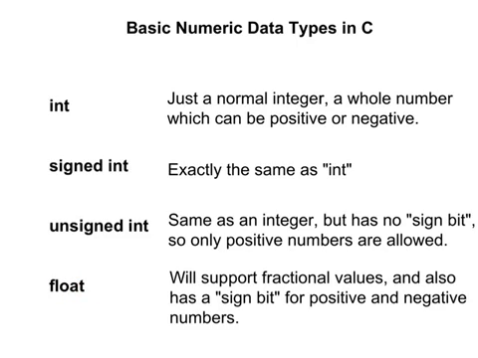Now I should point out that what we have learned in the previous lesson is only part of the picture about how fractional values work, and we will get more into that later. You need to memorize these 4 data types: int, signed int, unsigned int, and float, so that you will recognize them and understand them when you see them later.